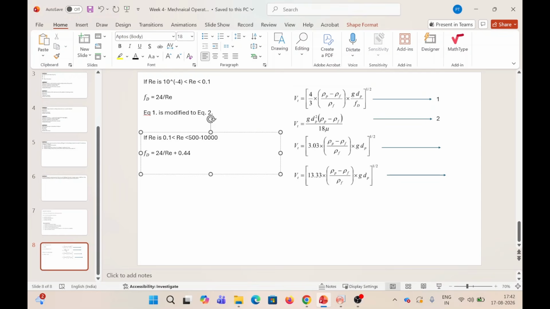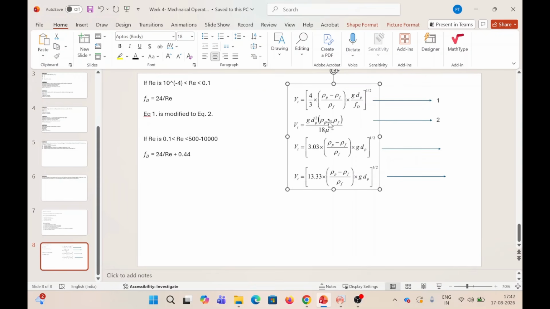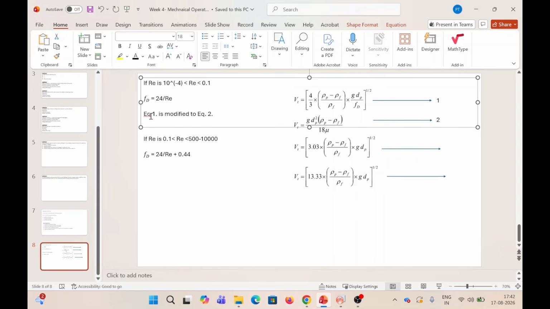This extra factor gets added due to the non-viscous effect. The equation 2 is what is known as Stokes law.